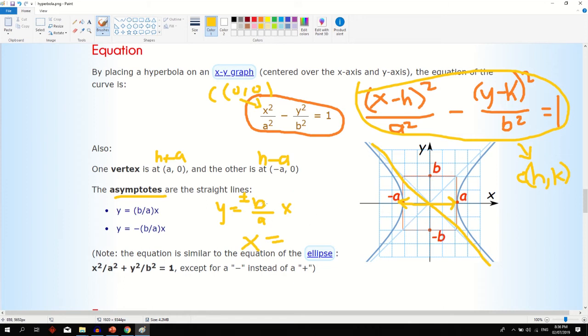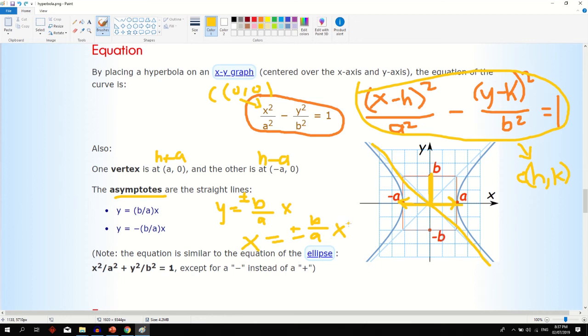No, because b always stays at the minor axis, so it will still be the same, b over a times x. So a should be the major axis and b should be the minor axis. Always remember that, so it will be easy to manipulate this one.